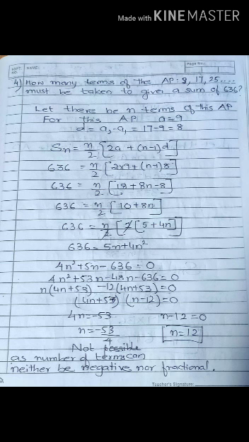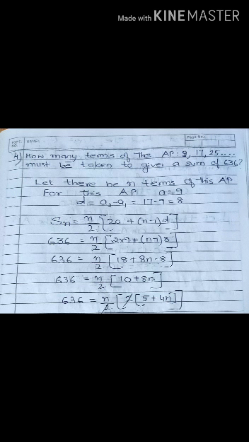Now the fourth sum. How many terms of the AP 9, 17, 25 must be taken to give a sum of 636? There are n terms of this AP. For this AP, a equals 9. d equals a2 minus a1, that is 17 minus 9 equals 8. Even 25 minus 17 is also 8.